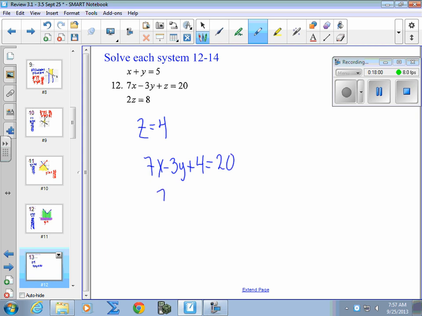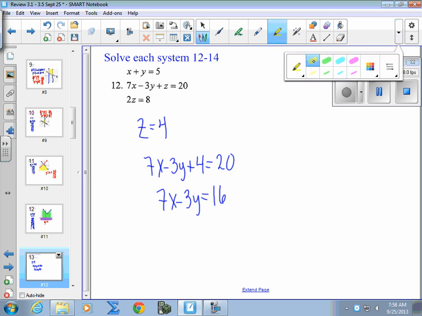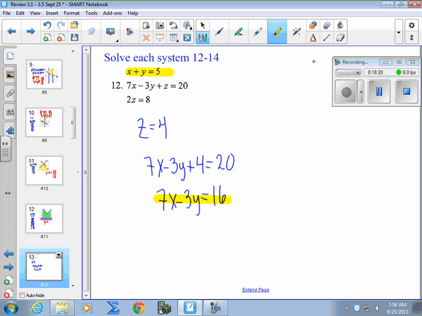We need to get 7x minus 3y equals 16. That's exactly what it takes for the two equations, the first equation and the second equation after we plug in the 4.